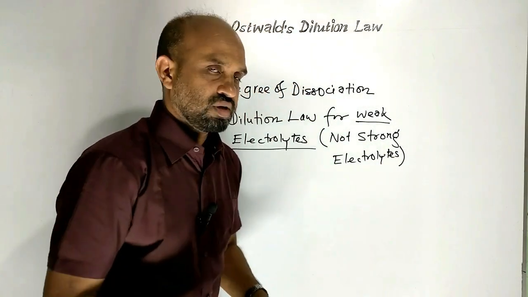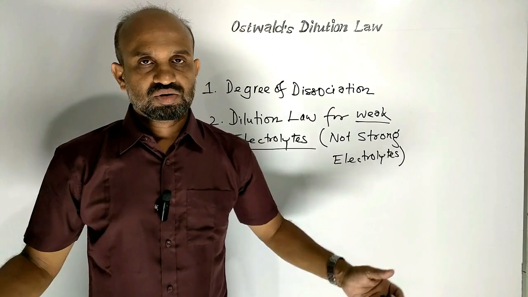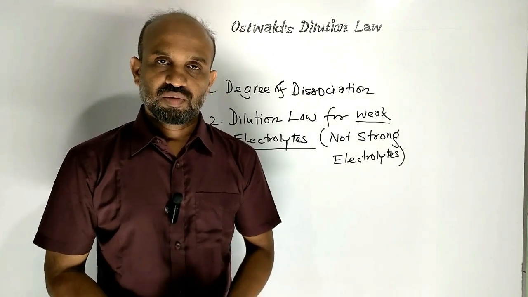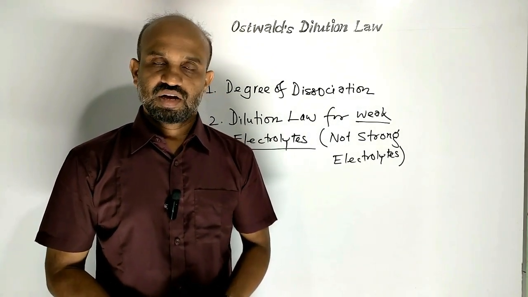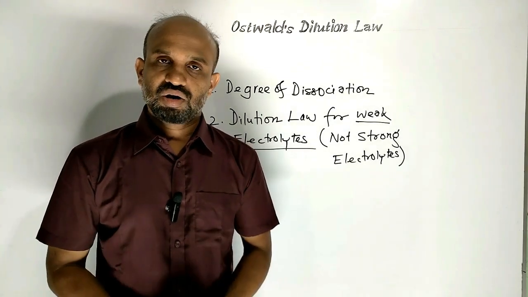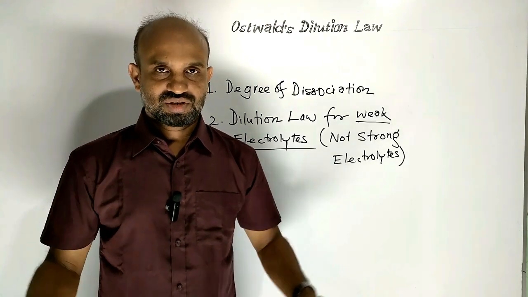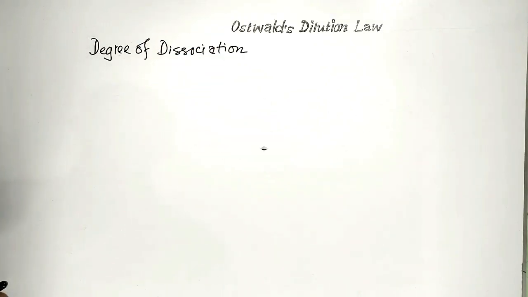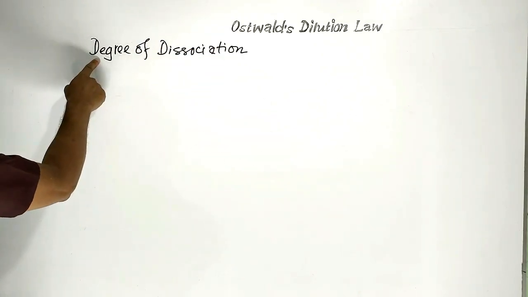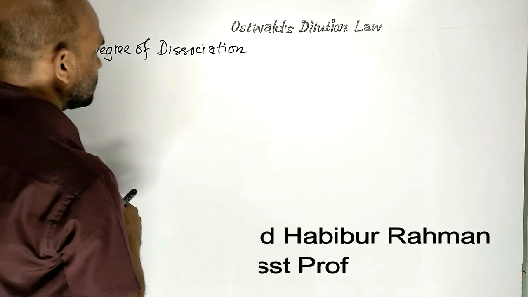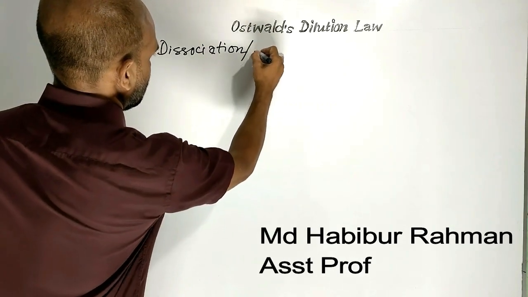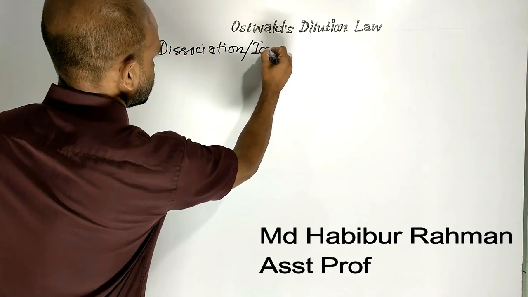So, in this lesson, we are going to learn degree of dissociation and dilution law for weak electrolytes. So, let's get started. Firstly, let us try to learn degree of dissociation or degree of ionization.